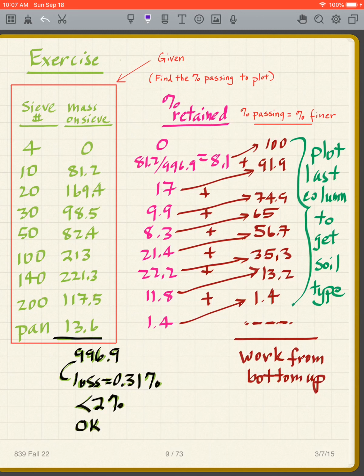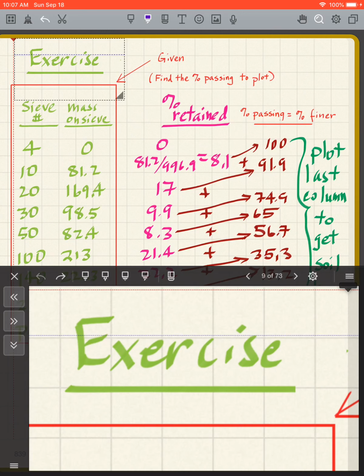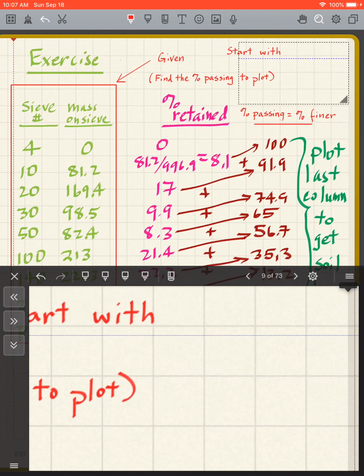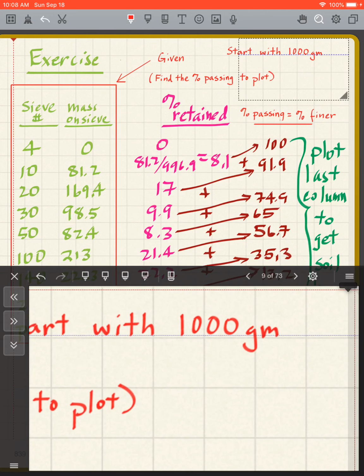The mass on the sieve in grams is this, and I'm going to make the other comment. Now, in this problem, I guess I didn't indicate it. We're going to start with 1,000 grams of solids.